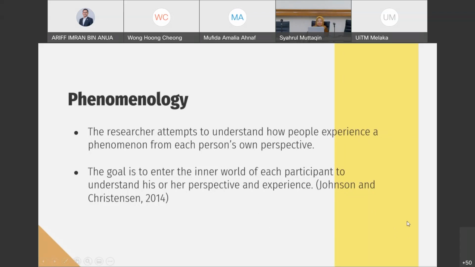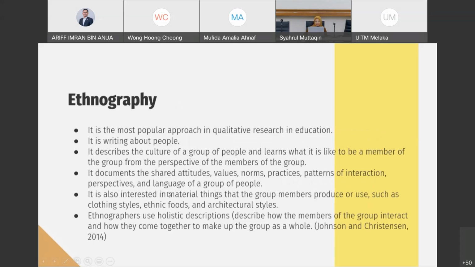And then the next is ethnography. This is the most popular approach in qualitative research in education. It is about people. It describes the culture of a group of people and learns what it is like to be a member of the group from the perspective of the members of the group. So the researcher will plunge himself into that group of people.